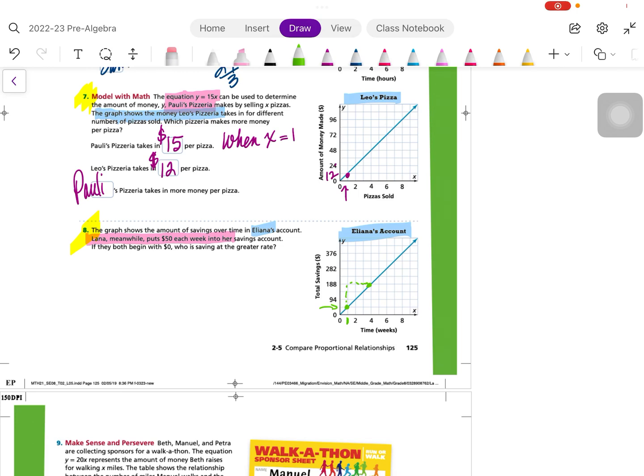So I'm looking for this number right here. So that means I need to take the 94 and divide it by 2. So 2 times 4 is 8. So that means we're counting by 47s, if I did my math correctly there. So Eliana is saving, let me fix that.